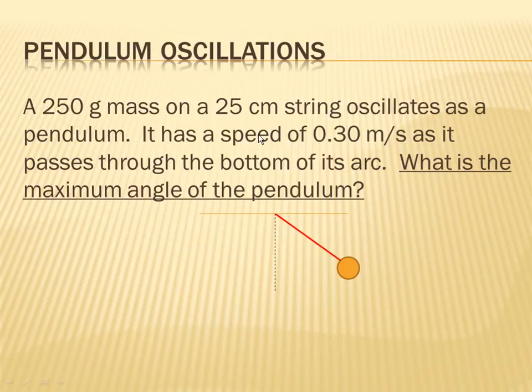We're told that it has a speed as it passes through the bottom of the arc. That's the point where it has its maximum speed. It's all kinetic energy at that point, with no potential energy remaining, and we would like to know the angle through which the pendulum swung from its maximum down to 0 angle, where it has its maximum kinetic energy.